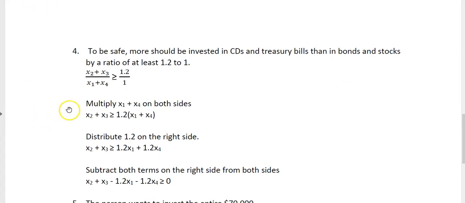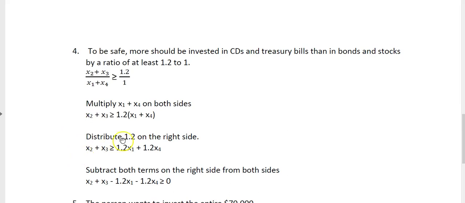Okay, so the first thing we're going to do is multiply by this X1 plus X4 on the left and the right. That makes it cancel on the left side. So on the right side, we're going to have 1.2 times this X1 plus X4, and divided by 1 is itself.